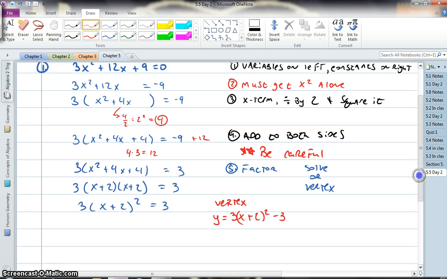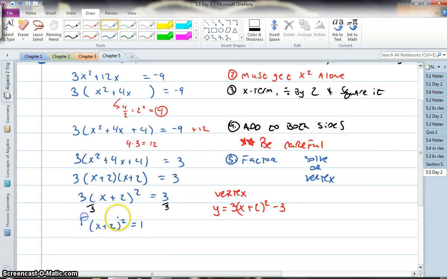If I wanted to solve, I have to get my squared term alone, so I divide both sides by 3, and I get x plus 2 squared equals 1. Square root both sides. So x plus 2 equals plus or minus the square root of 1, which is just 1.